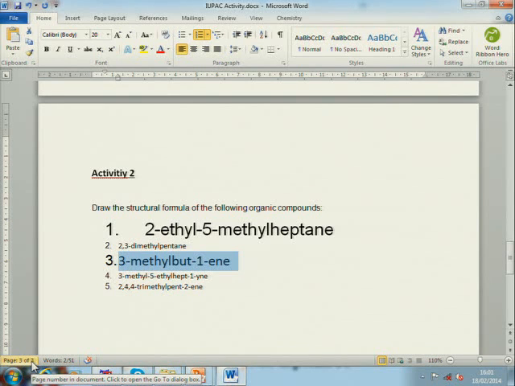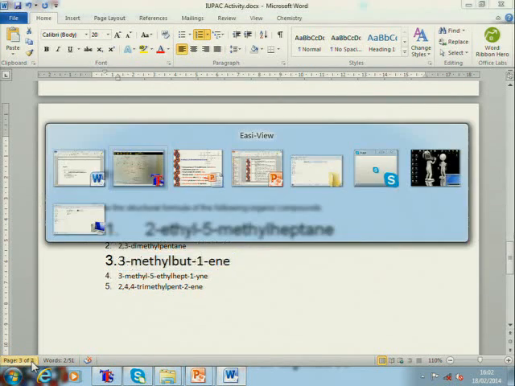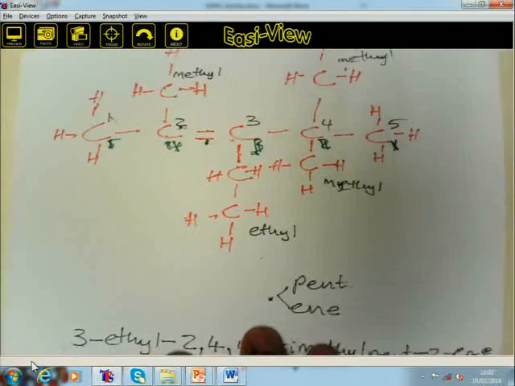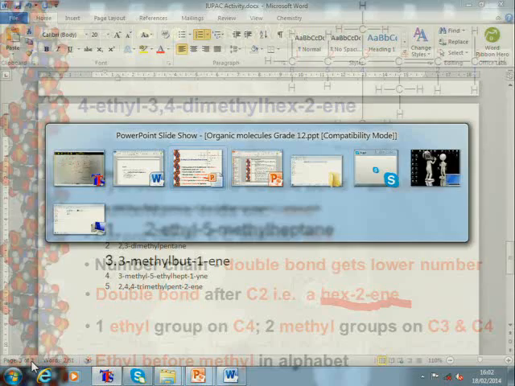And then they say after carbon number 1, you've got a yne. And then after that, label your carbons and put the substituent where it's supposed to be. So number 5 also is a yne. You also do the same. Check the parent name has how many carbons, after which carbon you put the triple bond. After that, label all other carbons so that you can see where your substituents are supposed to be. All right. So that's the next activity that you'll be doing as part of your homework.